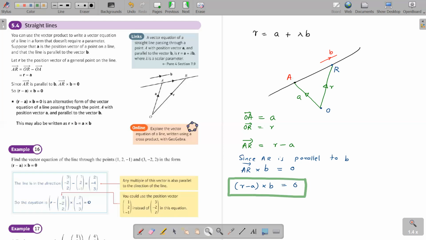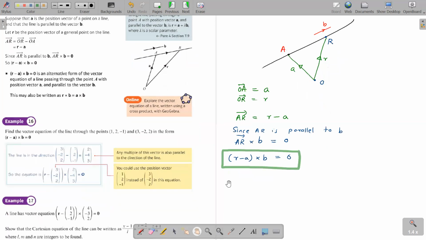This equation we can further simplify by opening the bracket: r cross b minus a cross b equals 0. Then I can take the minus a cross b to the other side as plus a cross b.